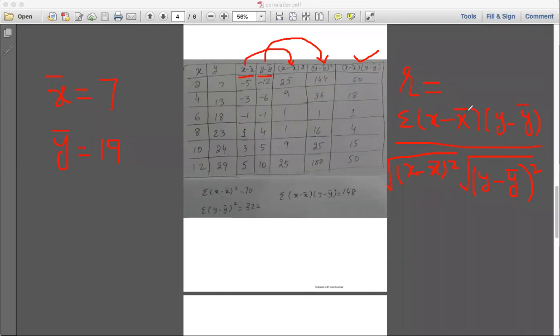Now we need the sum of these values. So when you sum it, please find the sum. You will see this is equal to this one. This is the sum of (x minus x bar) into (y minus y bar). Clear? And we also need... I think I have missed something. What did I miss in the formula?